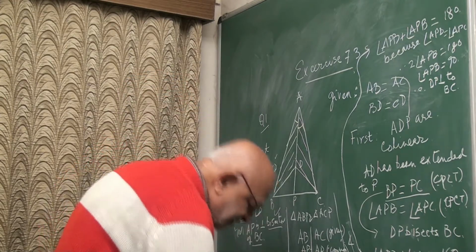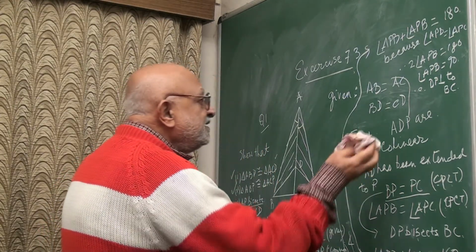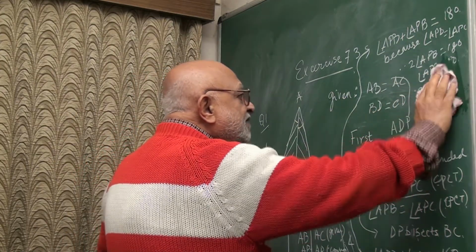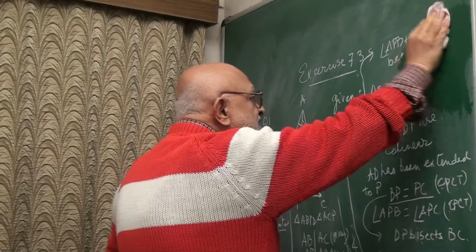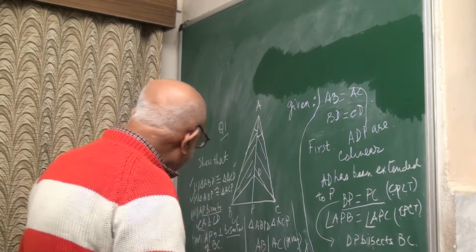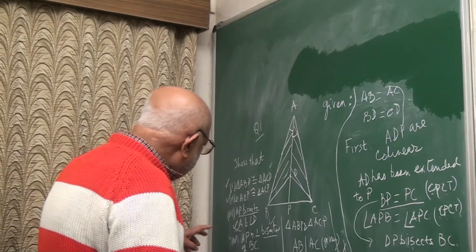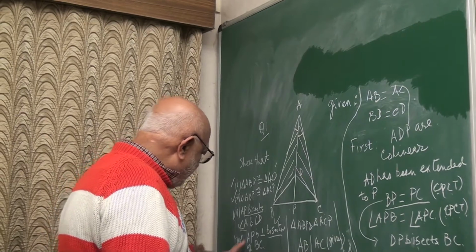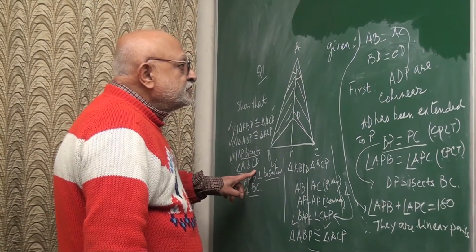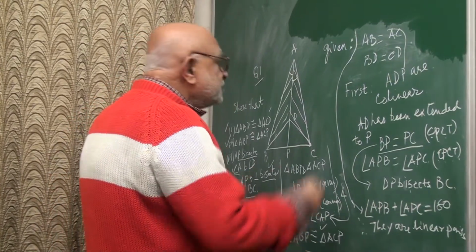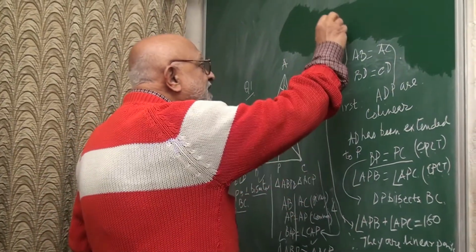So what is left remaining to be proven? Remaining to be proven is that AP is also bisector of angle D. So let's try that. For this I have to take two triangles again.